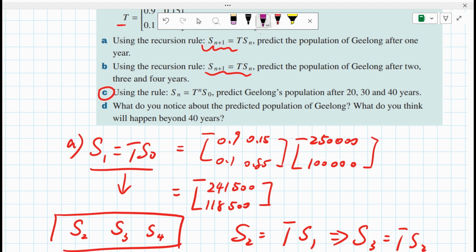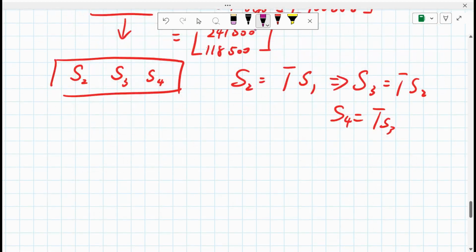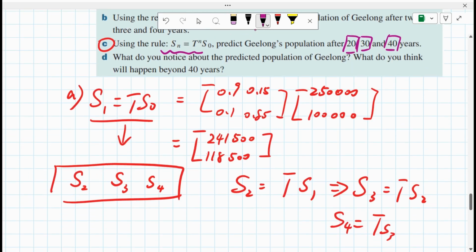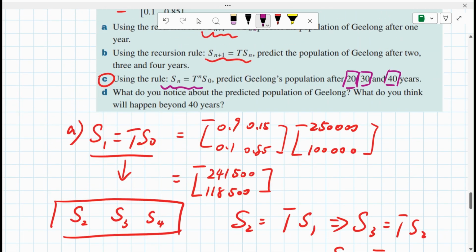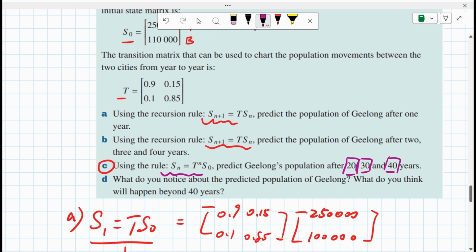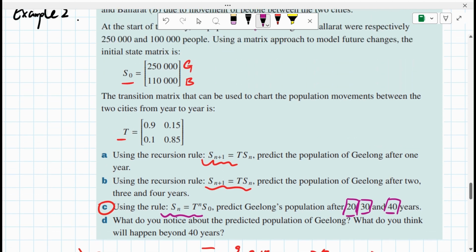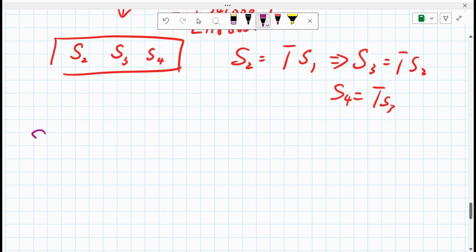Now we're going to calculate another one. For part C, we use the rule S n equals T to the power n times S0 to find the population after 20, 30, or 40 years. I'm going to try to find Geelong's population, which is the top of the matrix. S20 equals T to the power 20 times the initial matrix of 250,000 and 100,000 people.